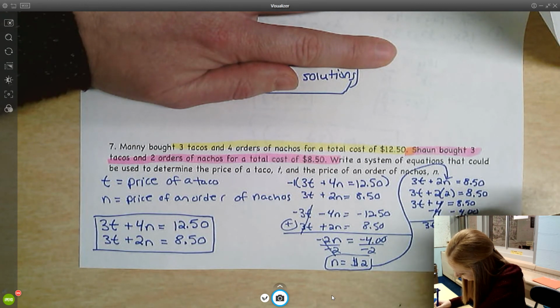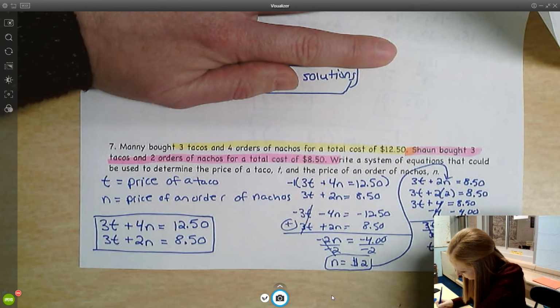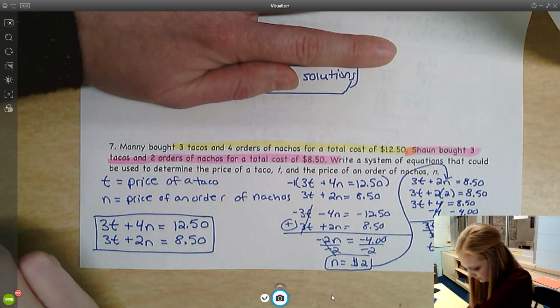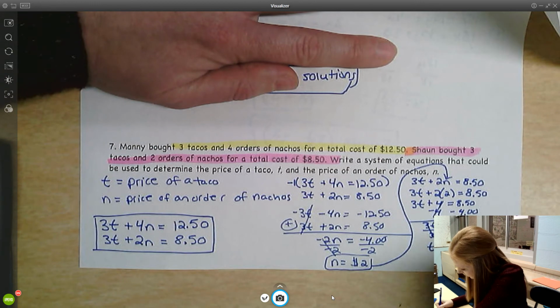Three t equals 450. Divide both sides by 3. And you're going to get $1.50.